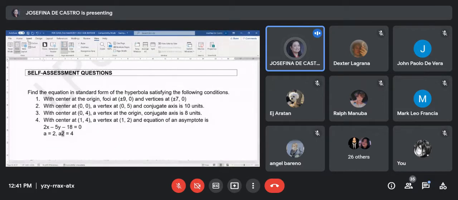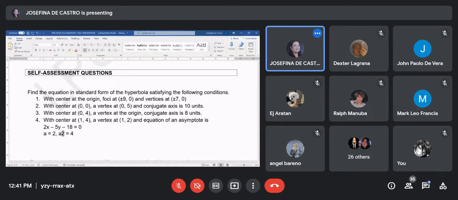Ayoko na kasi mag-plot ng points. Analyze nyo. Picture nyo kung nasaan si 1, 4. 1, 4, vertex 1, 2. Nasa baba siya. Si vertex ay nasa baba. Therefore, vertical to. Vertical transverse axis.